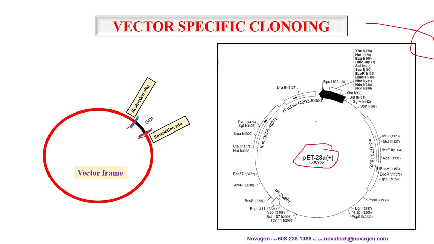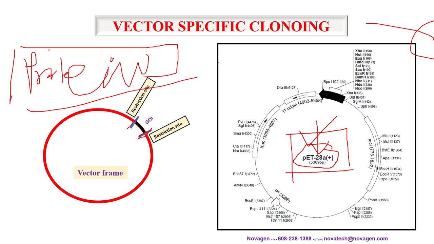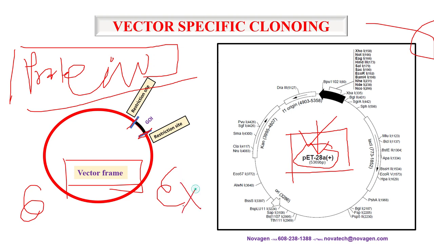here is PET28 A, B, C. So why have I taken this? Because I have used this vector for protein expression. If you will use a protein expression technique, what type of vector do you have to use? Expression vector. Guys, there are two types of vectors. One is a cloning vector, and another is an expression vector.